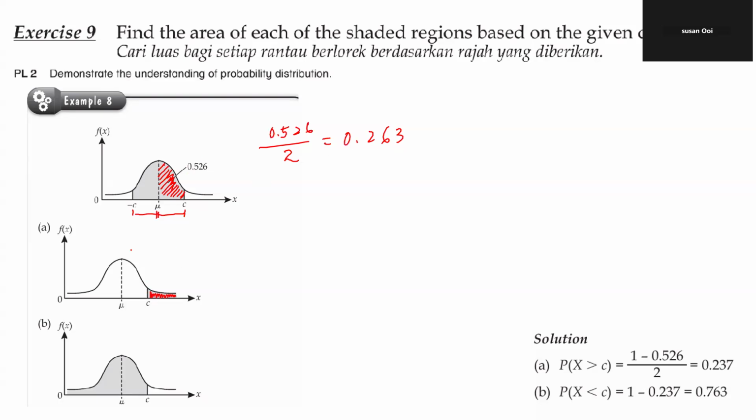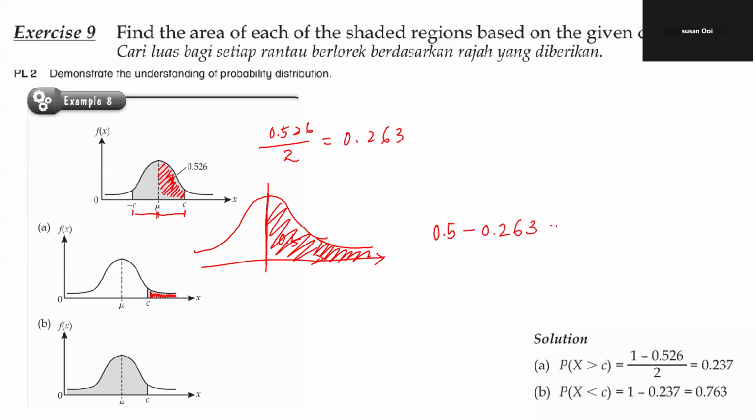Okay, so for the normal distribution, this is the symmetry line and here is 0.5. The area under the line is 0.5. So that means if we want the area under here, we use 0.5 minus 0.263.